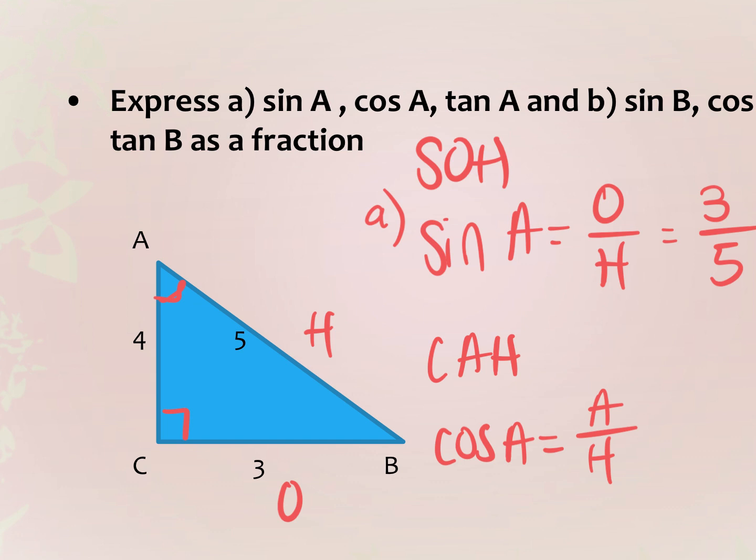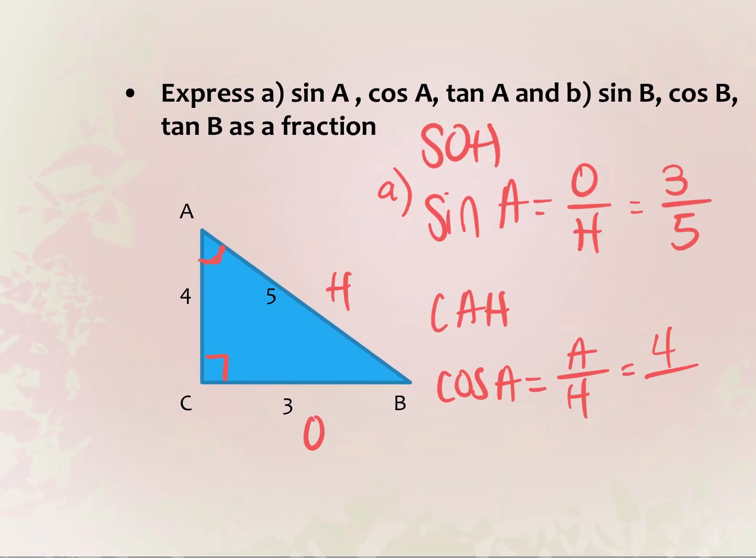Why not? That's the hypotenuse. When we're talking about adjacent, it's always referencing a leg. So which leg is adjacent to angle A? 4. So this is going to be 4 over 5 still, okay? Remember, your sine and your cosine ratios should have the same what? Denominator. Very good. And that should be the hypotenuse.